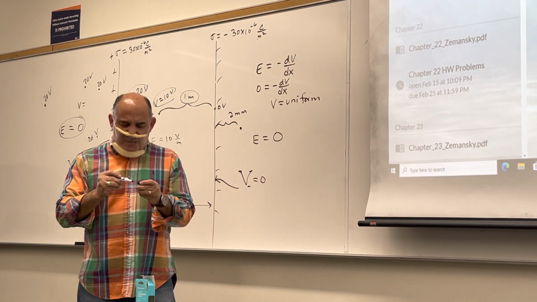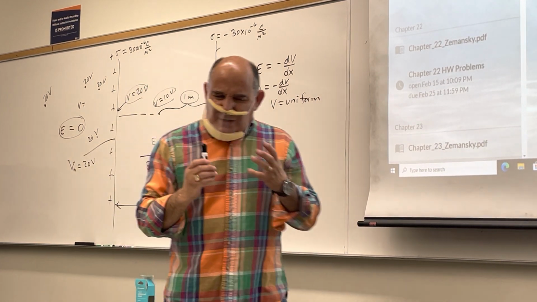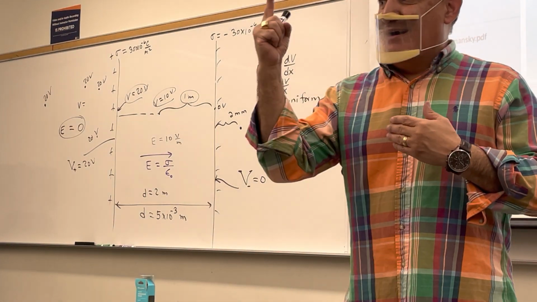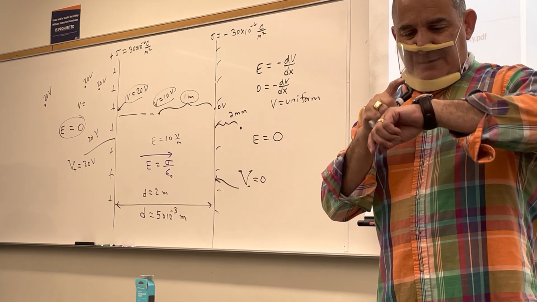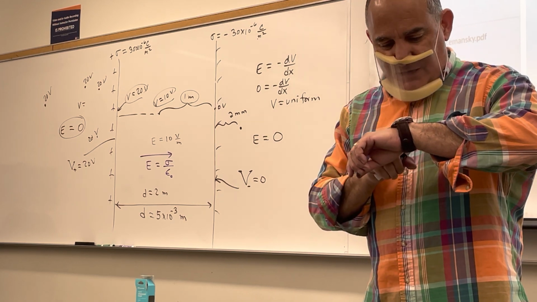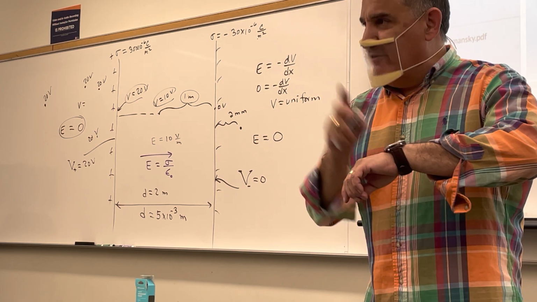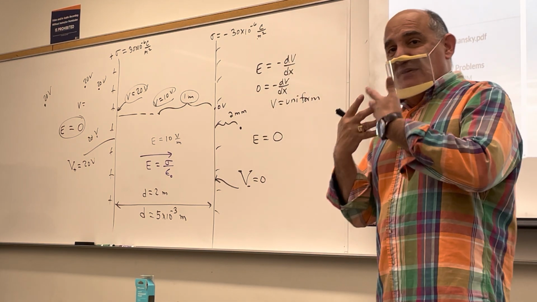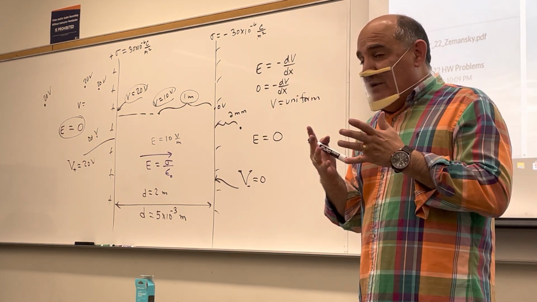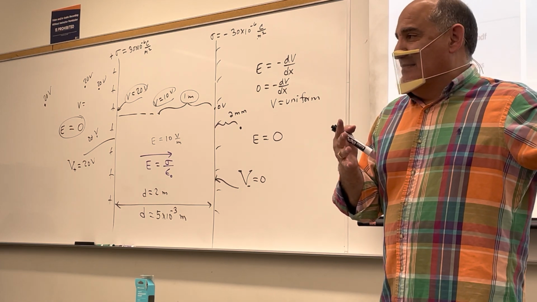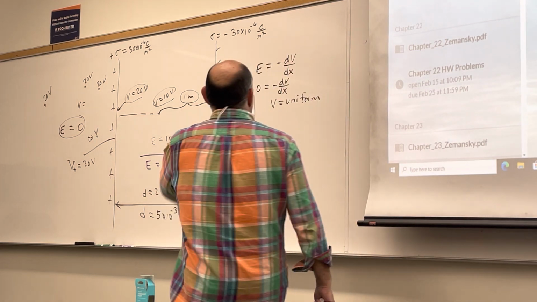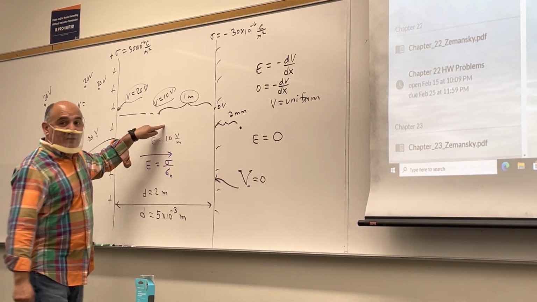Constant really means not changing as time goes on. It's the same now as 2 seconds later, as 1 hour later. Uniform means the same value at any one time in space. So it's better to say uniform, just like the electric field over here is uniform.